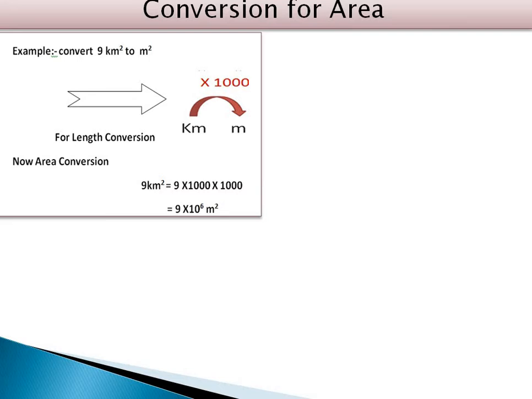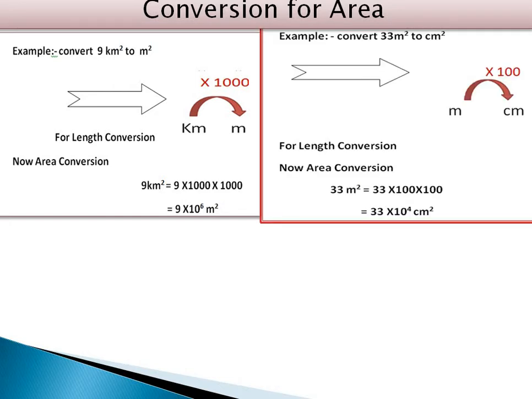When we want to replace kilometer in terms of meter, we have to multiply by 1000. So 9 kilometer square equals 9 into 1000 into 1000, which is 9 into 10 to power 6 meter square. So in short, 9 kilometer square area equals 9 into 10 to power 6 meter square. This is about the unit conversion.